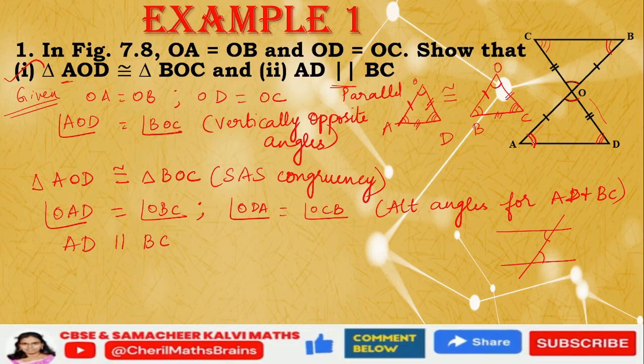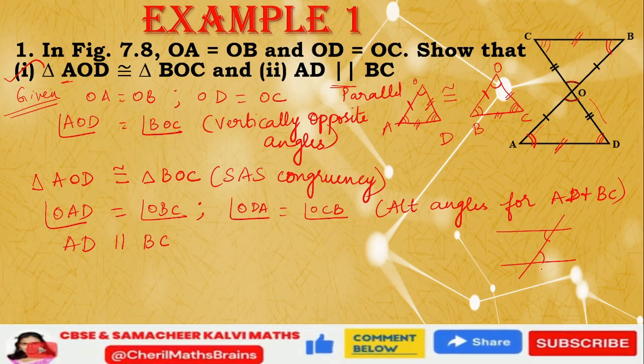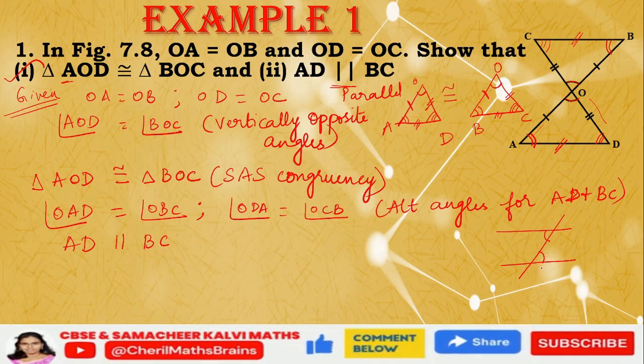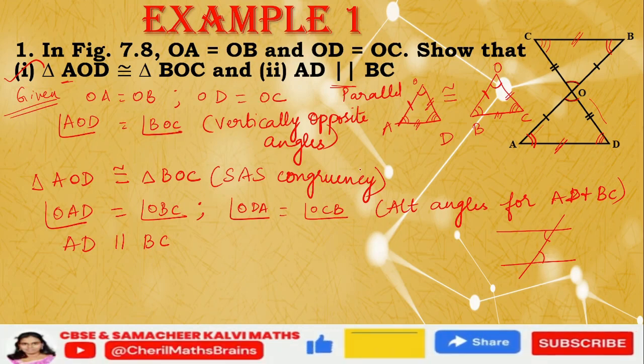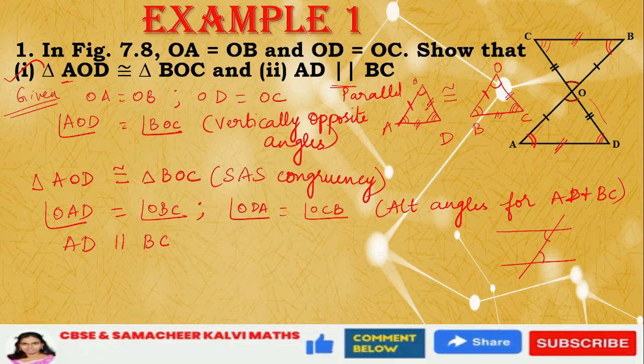That is what we are seeing here, isn't it, children? When both lines are parallel, alternate angles are equal. So when alternate angles are equal, obviously the two lines are going to be parallel. This is how we are going to solve it. Is it clear, children?